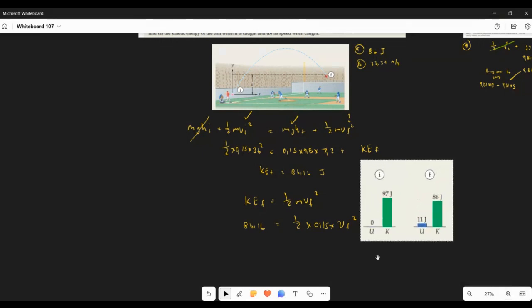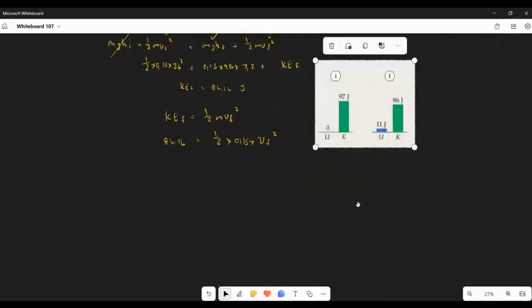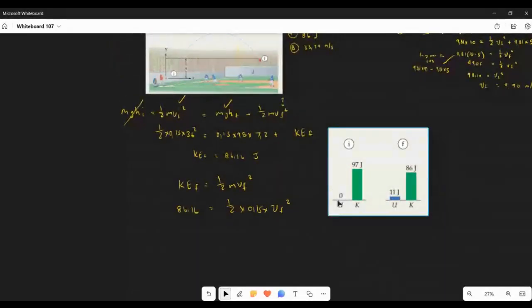For this particular problem, initially we started with no potential energy, but around 97 kilojoules of kinetic energy. Then we convert this amount to 11 joules of potential energy, and then we have around 86 joules of kinetic energy.